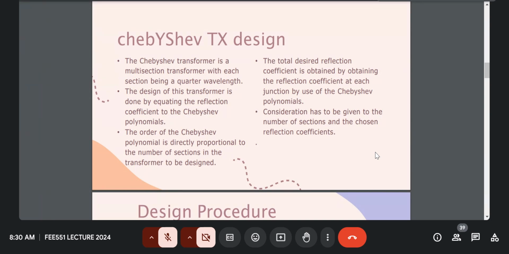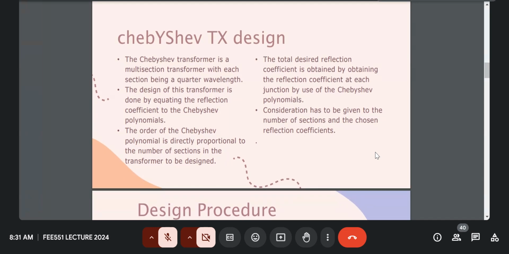The total desired reflection coefficient is obtained by obtaining the reflection coefficient at each junction by use of the Chebyshev polynomial. Consideration has to be given to the number of sections and the chosen reflection coefficient.